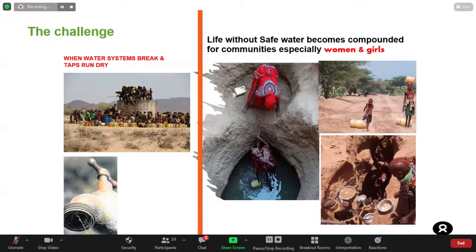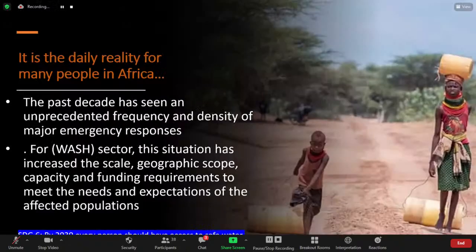So when this happens, as you can see in this photo, life without safe water becomes really compounded for communities, especially for women and girls that have to trek long distances to access this precious resource, but also have to dig through even hard ground just to get access from dry riverbeds. So this is the daily reality for many people in Africa, and it's worse off.